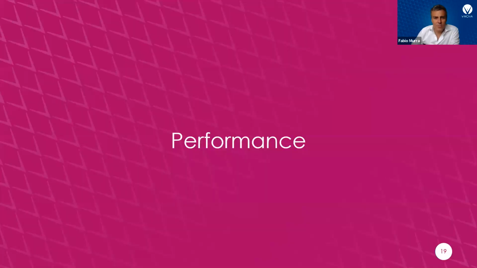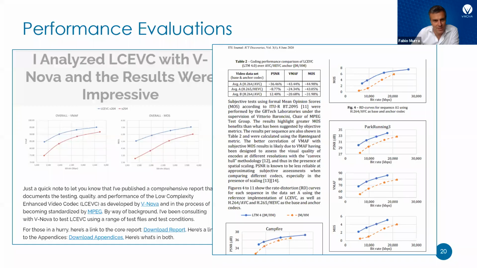So in terms of performance, I mean, we could spend a lot of time here, but I will refer you to a couple of references that you will find on the web and you can analyze in more detail. But the performance of LCEVC across a different number of operating points, resolutions, applications, and different bases has been the subject of studies by MPEG and other consultants, associations, and universities outside of MPEG.